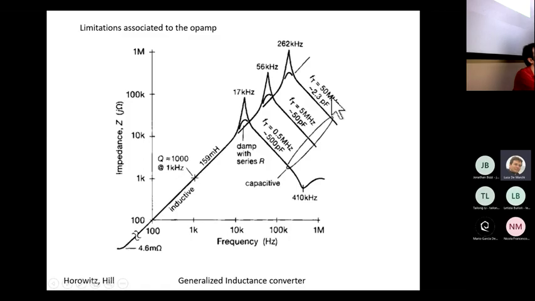So you need a 50 megahertz cutoff frequency to get a quite high corner frequency between the inductive and capacitive behavior. So you must always take into account the limitations in the actual behavior of your circuit. You are not using ideal circuits, you are implementing real circuits.